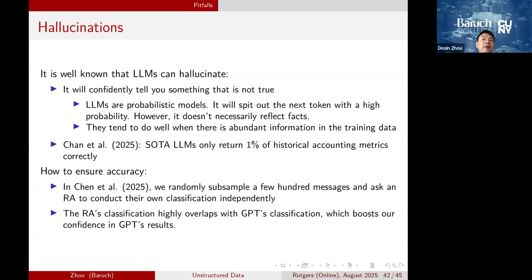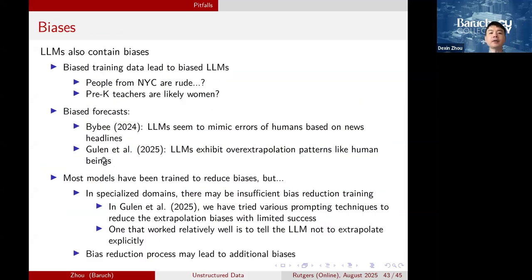But generally, if you can find a couple of RAs to cross-validate each other, I think you're going to feel a little bit more confident, right? In our research, we find that the RAs' classifications overlap with GPT's classification very significantly, which boosts our confidence in GPT's results. I think you can do the same if you're doing any research with large language models.